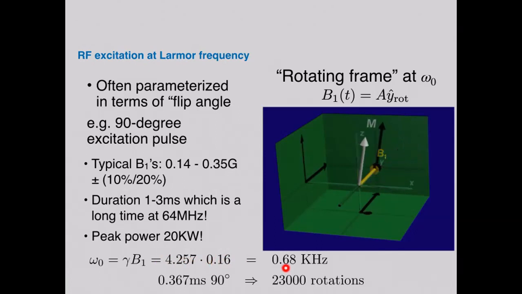And so I get pretty much 0.68 kilohertz, which is also 680 hertz. So the rotation speed around the B1 field is about 680 hertz. Okay, so it's very slow compared to how much it rotates around B0. Does that make sense?